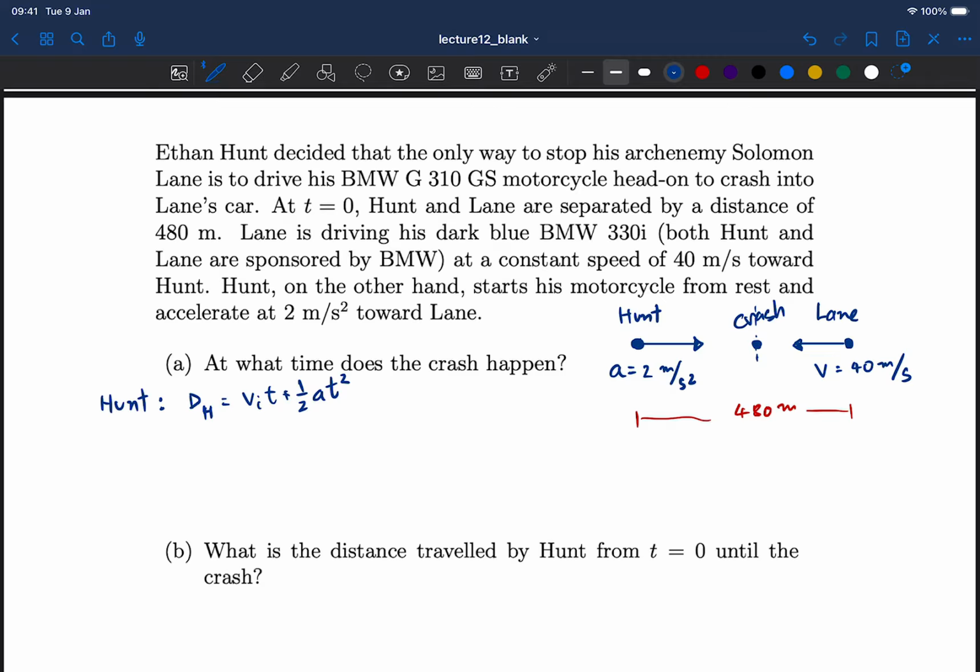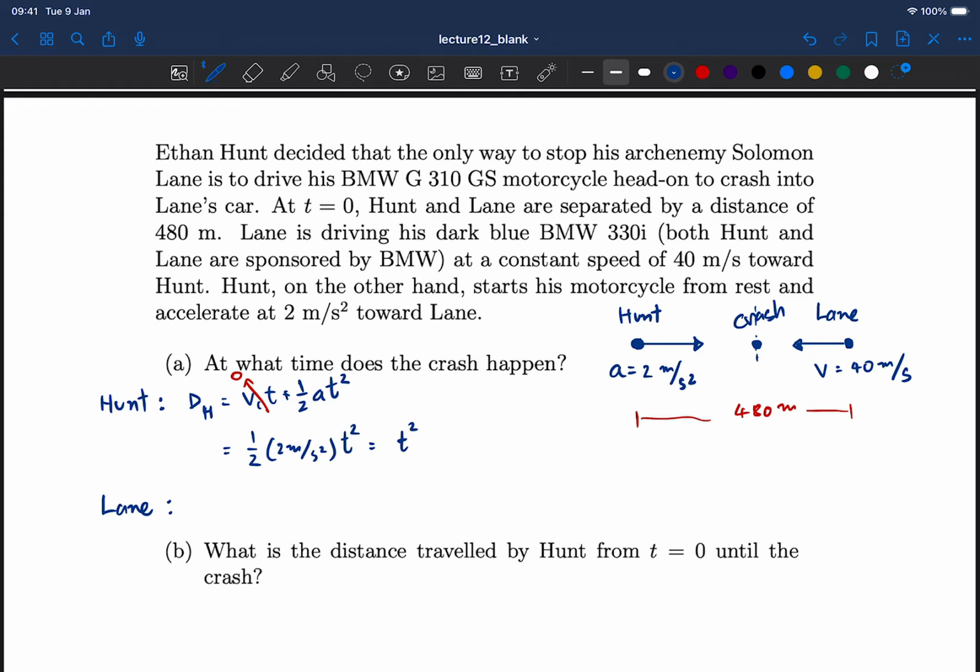But Hunt starts with 0 velocity, so doesn't have this term, so that term is 0. So it's only 1/2 a t squared, which is t squared if you plug in the number for the distance that Hunt traveled.